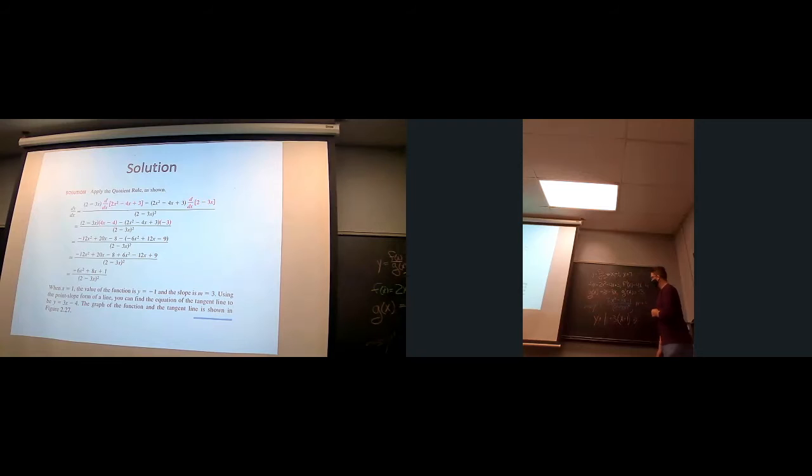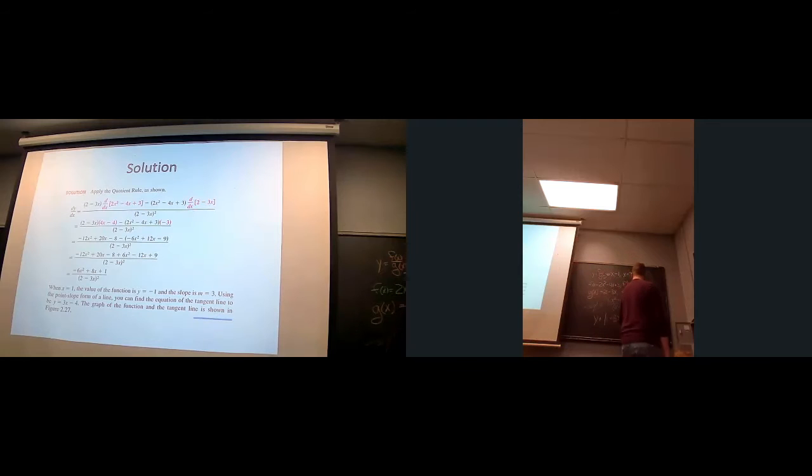We can distribute this 3 through. We're going to get 3x minus 3. Subtract the 1 from both sides. Y is equal to 3x minus 4.